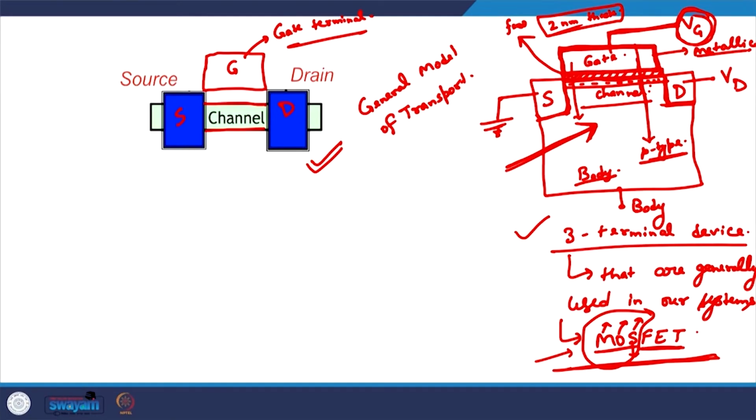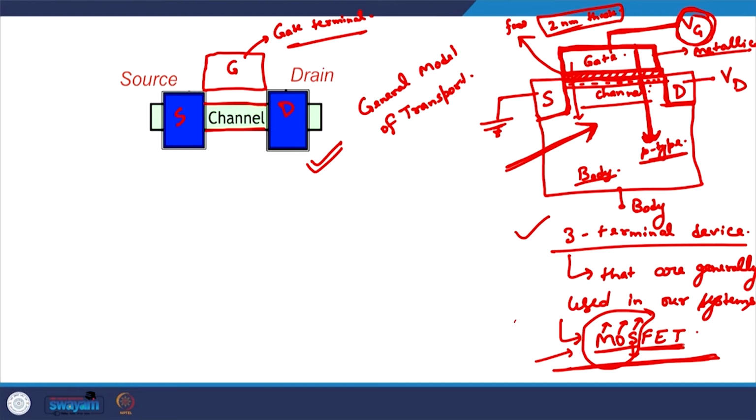So there is a small tunneling current that might be there in this direction, but apart from that, in an ideal case, there is no current that flows from the gate terminal to the body, or from the gate to the channel. So that is why only the electric field plays the crucial role in switching the MOSFET on or off.